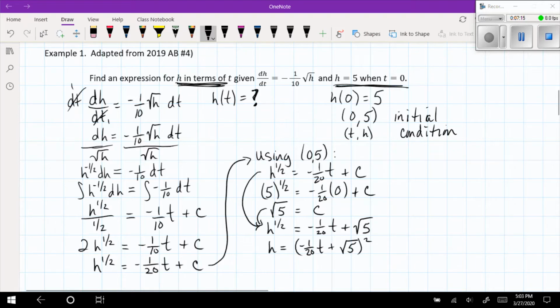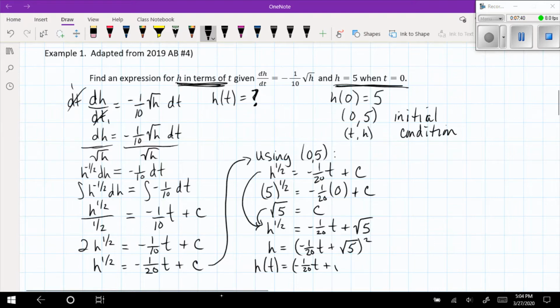Okay, and I do believe that is going to end the question right there. We don't have to do much more. We could circle or box just the right-hand side of this equation, or you know what I think I'll do? I think I'll just write h of t is equal to, open parentheses, negative 1 over 20 t plus the square root of 5, quantity squared. I want to make sure that looks like a negative sign too. I don't want anybody confused on that.